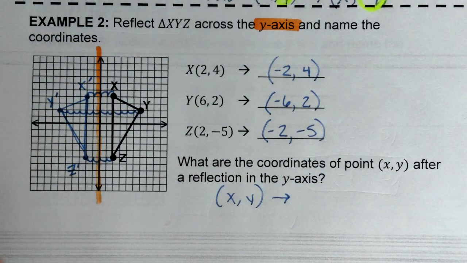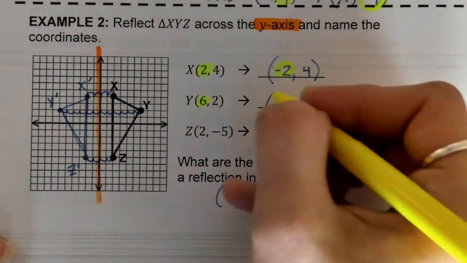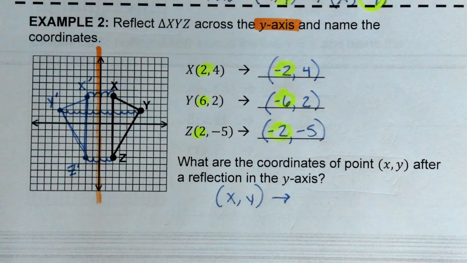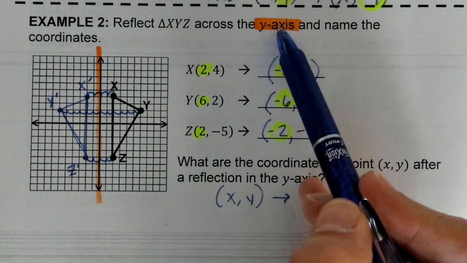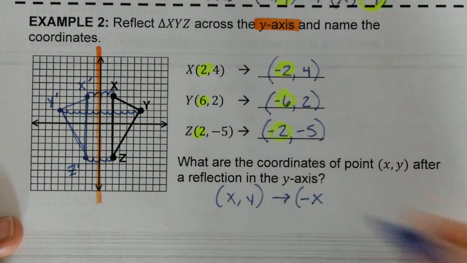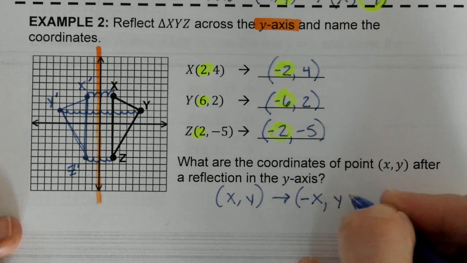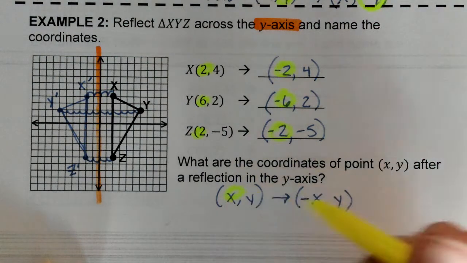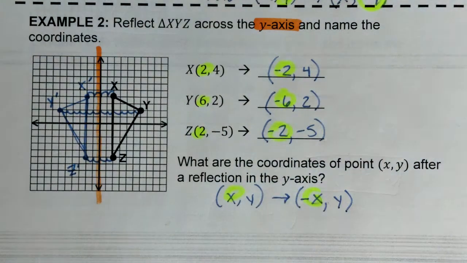We're going to see now the x changed signs. Notice I did not say turn negative. Yes, it did, but we're looking at the opposite coordinate takes the opposite sign. Y-axis, opposite coordinate, takes the opposite sign. Okay, so we'll have negative x, or change the sign of the x, and then we have y. So here again, this is the one that's changing. All right?